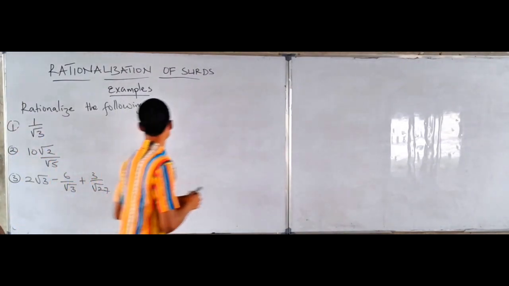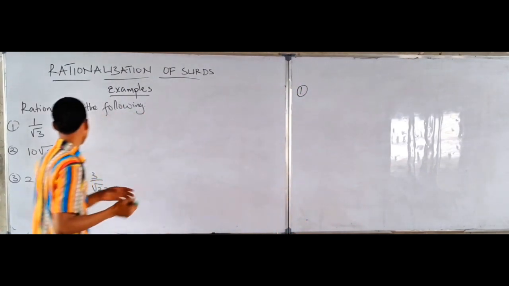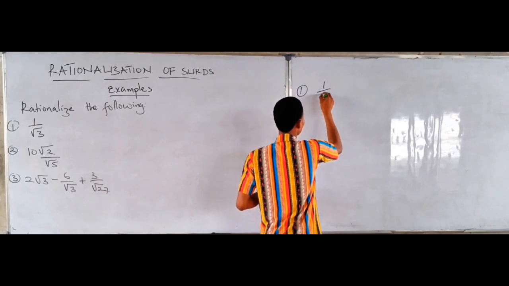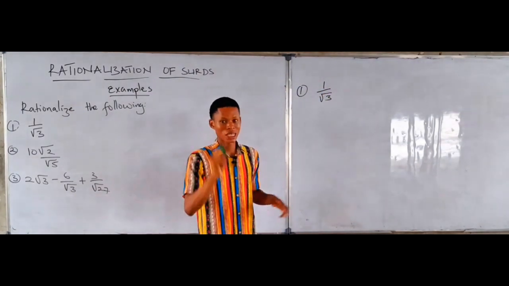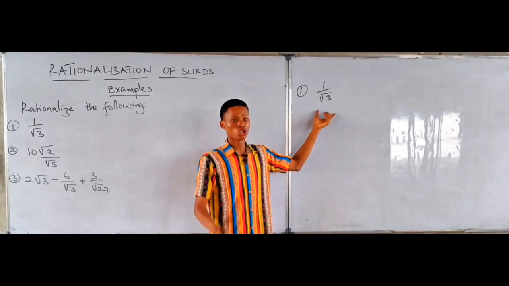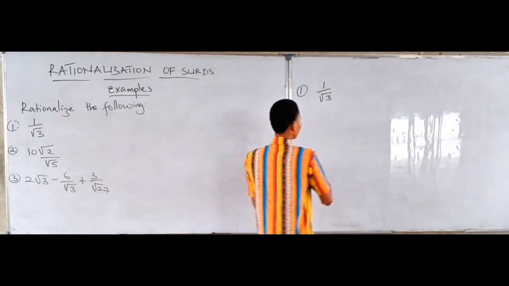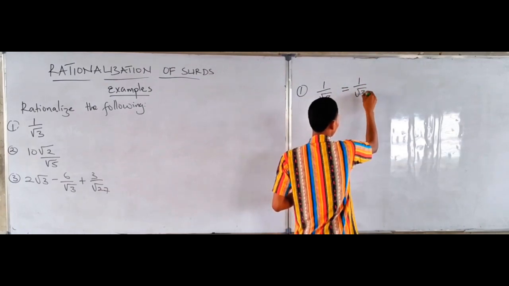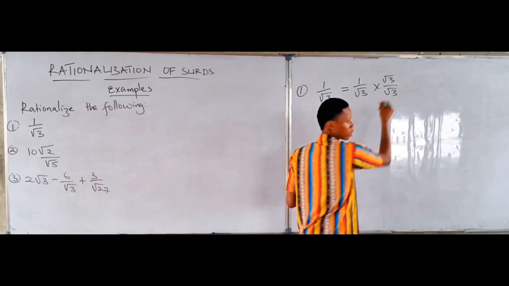In question 1, they said rationalize the following: 1 all over root 3. Anytime you are asked to rationalize and the denominator is just one value, all you need to do is multiply. This is the same thing as saying 1 all over root 3 times root 3 over root 3.